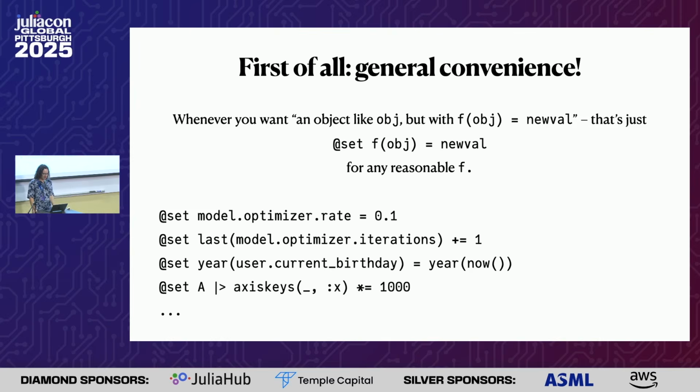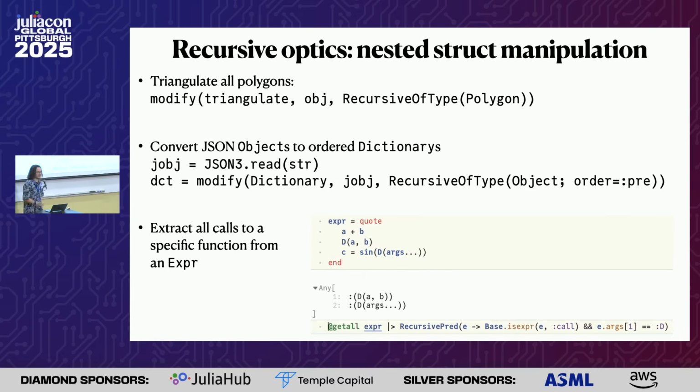More advanced stuff includes recursive optics and manipulating, for example, all objects of some type within your structure. So, for example, if you have an object with different geometry primitives, some of them polygons, you can triangulate all of them at once, and you will get back the same kind of object with all polygons replaced with their triangulate calls.